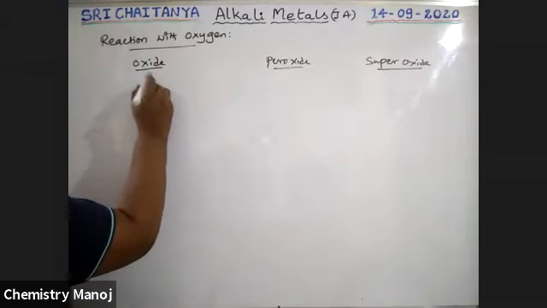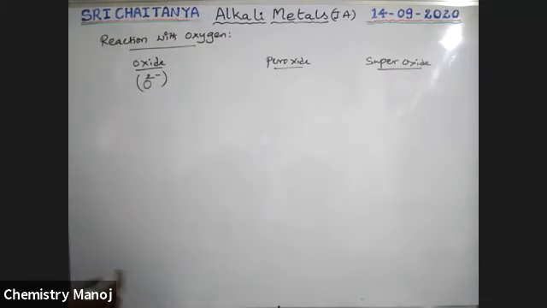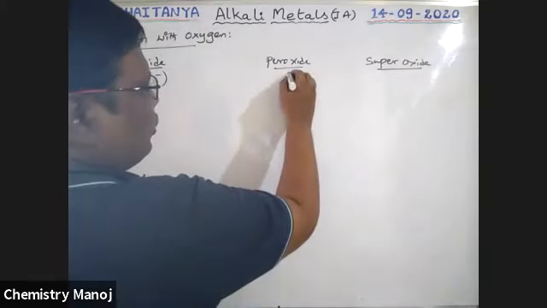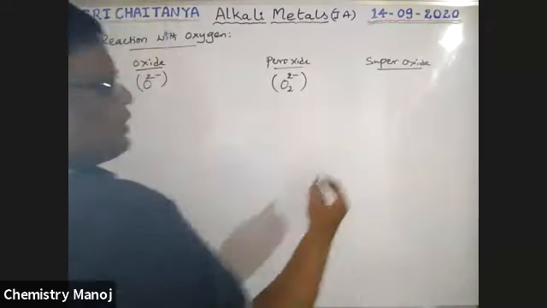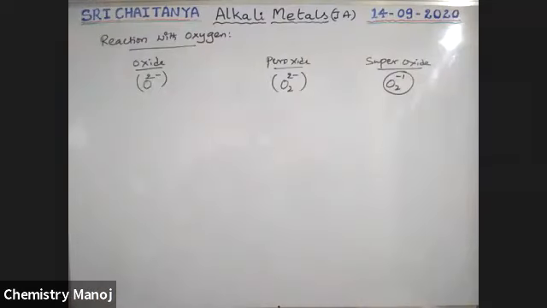Oxide contains the O2- ion. Peroxide contains the O2 2- ion. Superoxide contains the O2 minus 1 ion. These are the ions, boys.